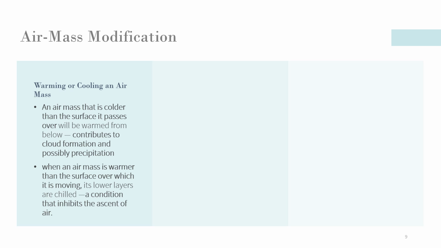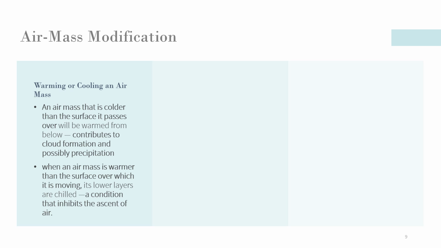However, if it's the opposite, when the air mass is warmer than the surface that it moves over, then the lower layers of the air mass are chilled, and this gives a condition that inhibits the ascent of the air.